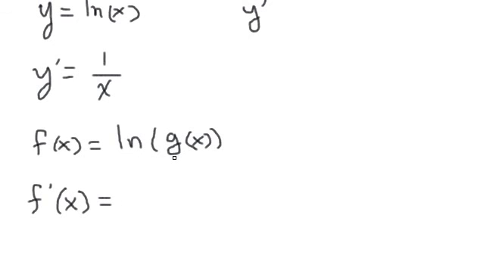So you just write it like this. This is the general form here. So you take the derivative of this, which is g prime of x, over, and then we just rewrite what's in parentheses, which is g of x. So that's your formula that you're going to use. Take the derivative of what's in parentheses and then rewrite it in the denominator. Alright, now let's work some problems.